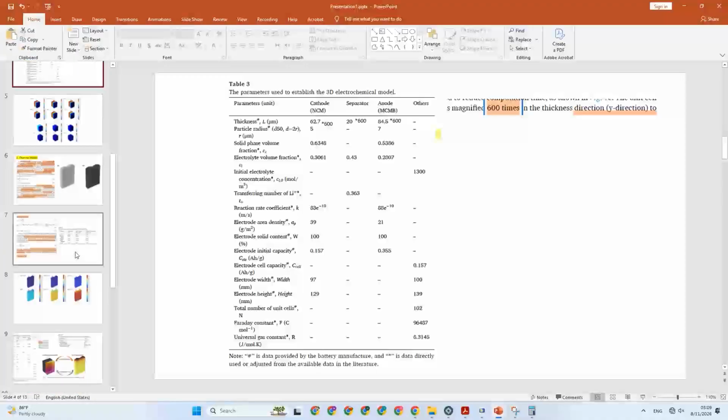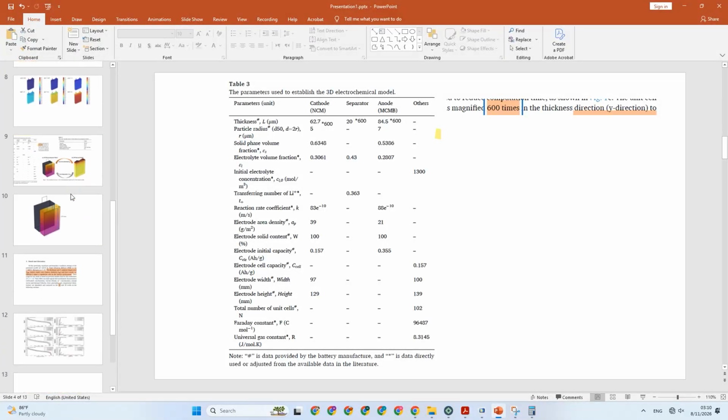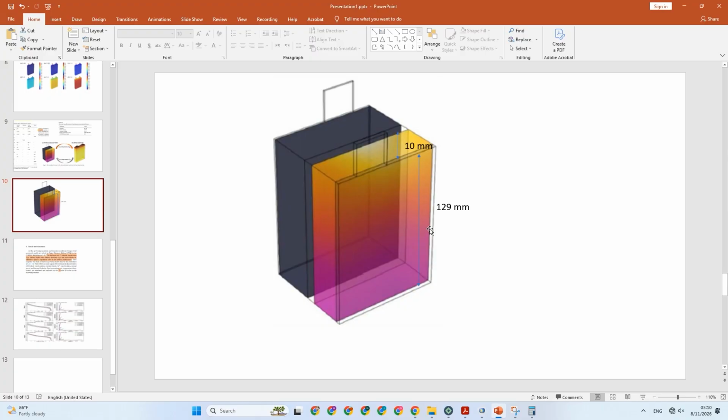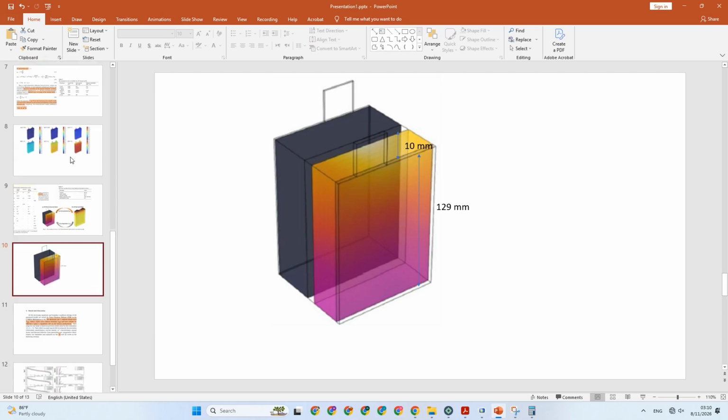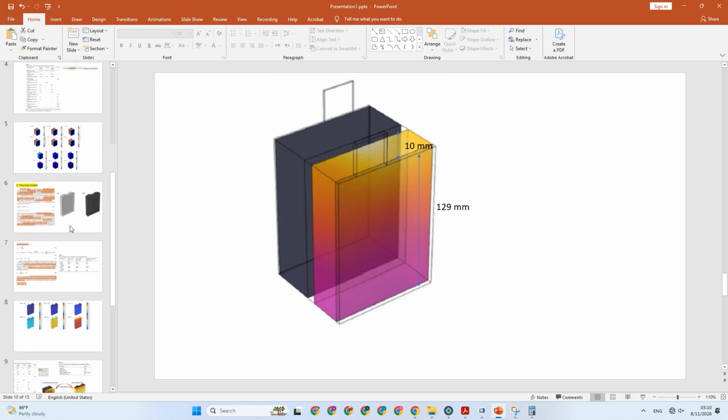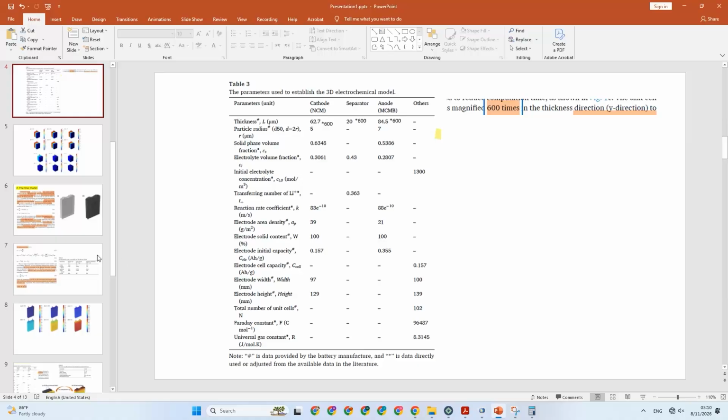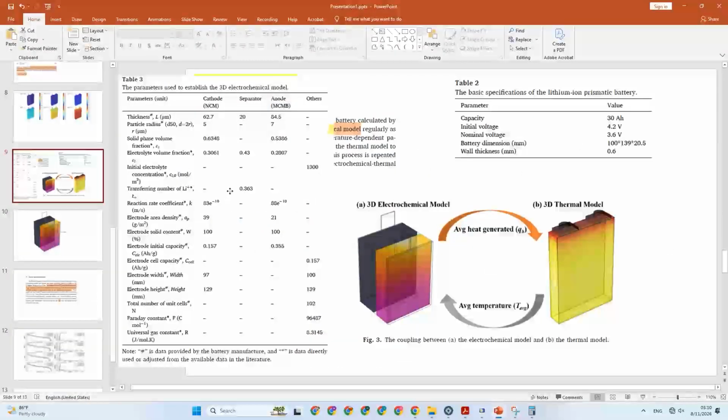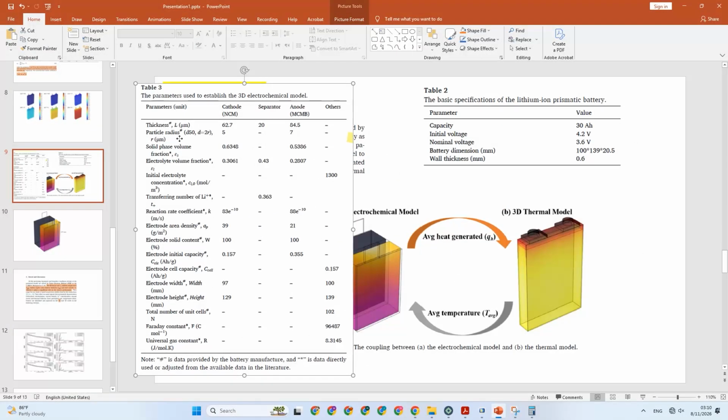It is the same or not? This is 100. Here the L is thickness, yeah? The L is the thickness, yes.